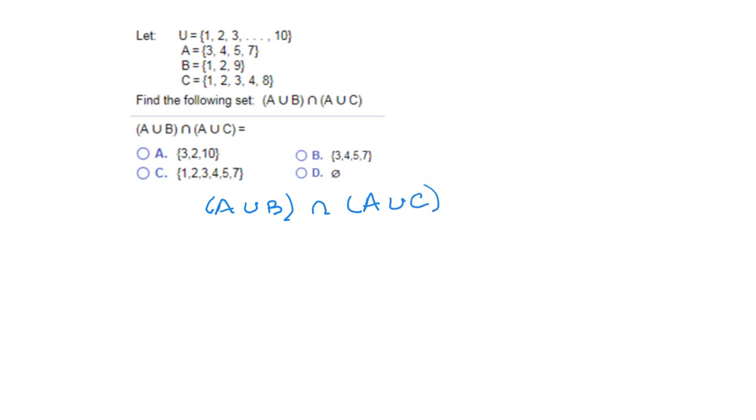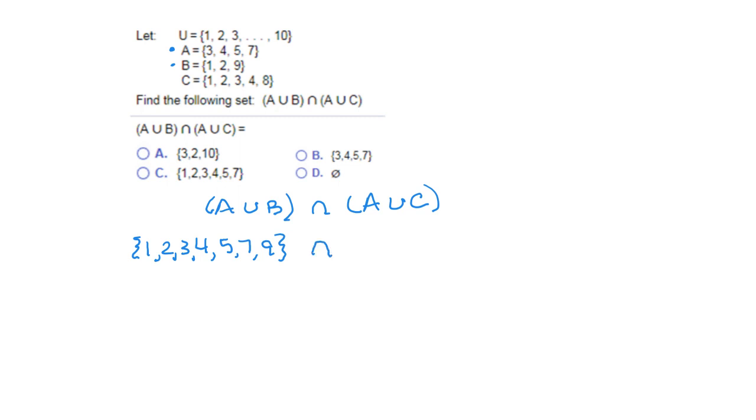So we'll focus on A union B first, which tells us we need to grab set A and set B and look at those two. And if I want to unite them, I will end up with 1, 2, 3, 4, and 5, 7, and 9. So I will have 1, 2, 3, 4, 5, 7, and 9.